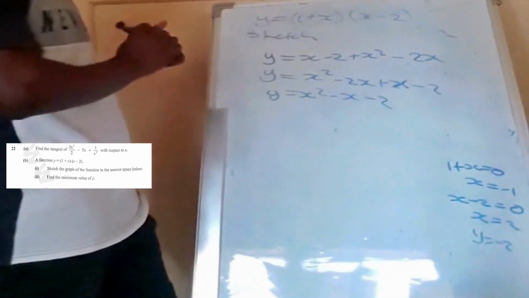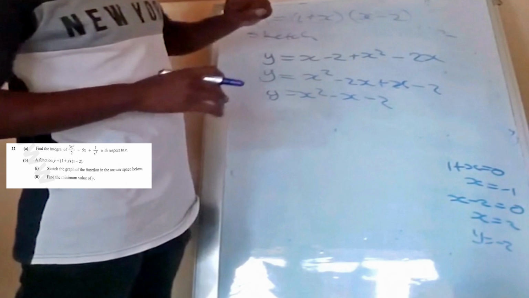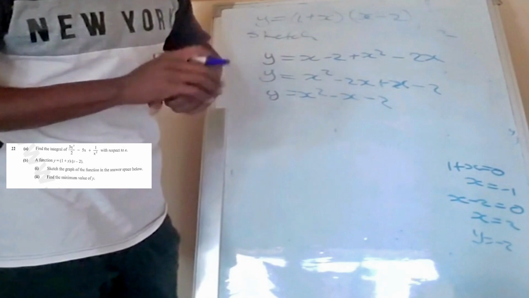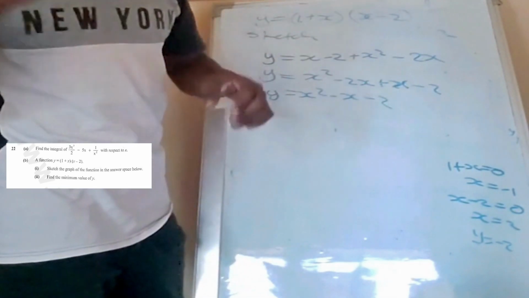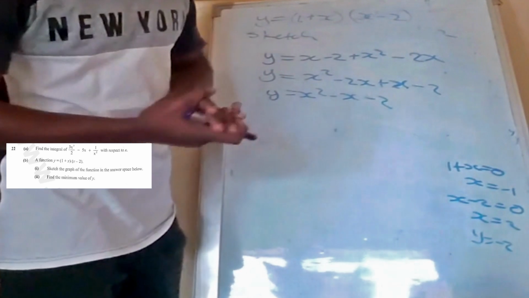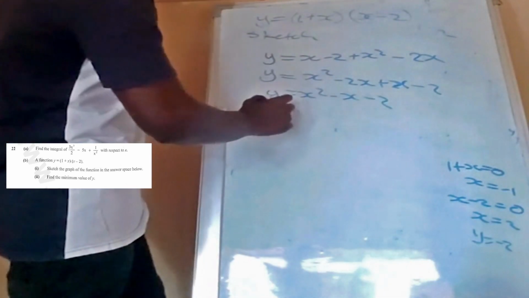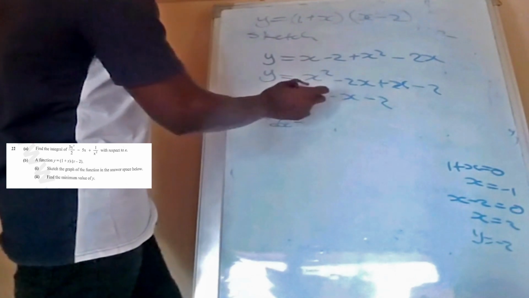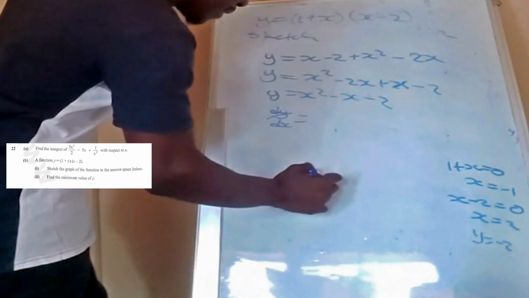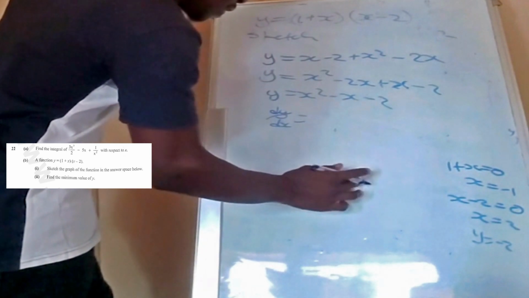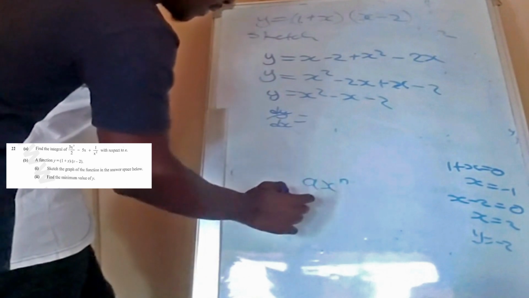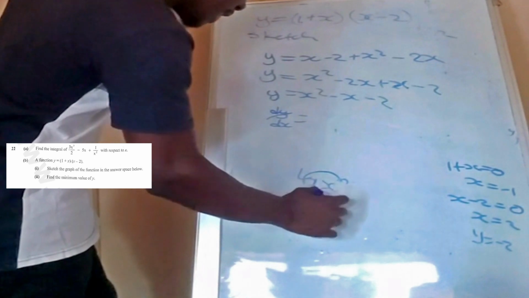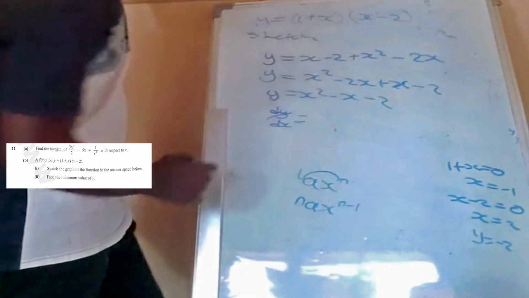So now to find the expression for the gradient, we differentiate. Bring in calculus. And since it's a minimum, it means the gradient is 0. So when we differentiate, the expression that we get, we equate it to 0. To find dy over dx, when you've got ax to the power n, to differentiate we simply say this n comes down, we have n multiplied by a, x, then n minus 1, and you're done.